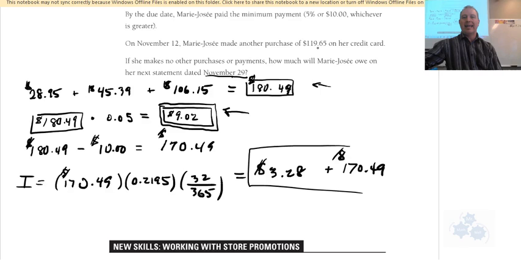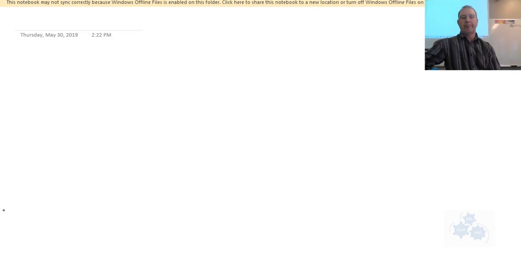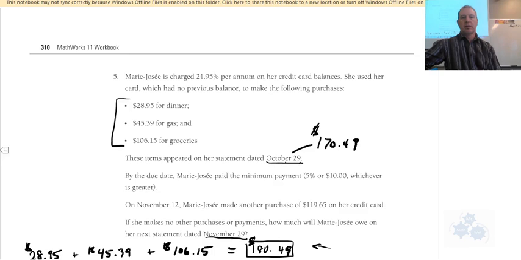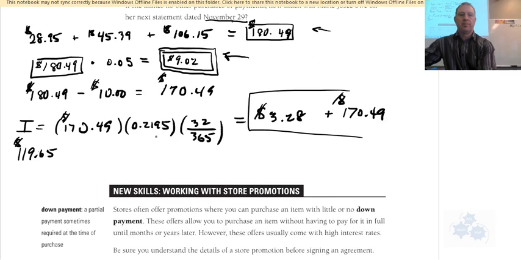And the 119.65. Okay. Let's find out what the interest is on this. So we've got 119.65 times 0.2195 for how many days?